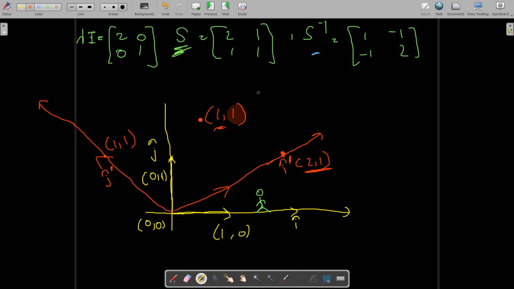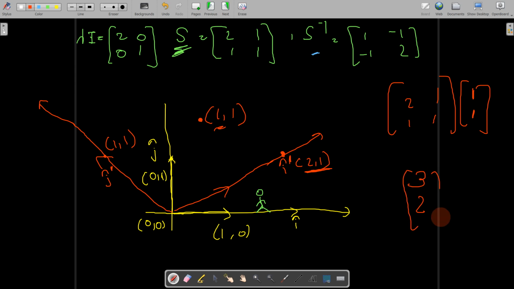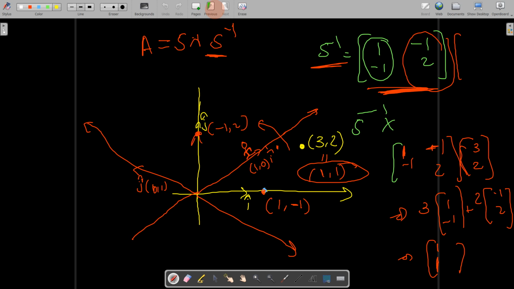So you just multiply with S. That is 2 1, 1 1 times the scalars in the eigen coordinate system. So that will be 2 plus 1, 3, and 1 plus 1, that is 2. See, we got the original coordinate back. I will write it with yellow. The original coordinate was 3 2. So this is nothing but just changing the coordinate system.